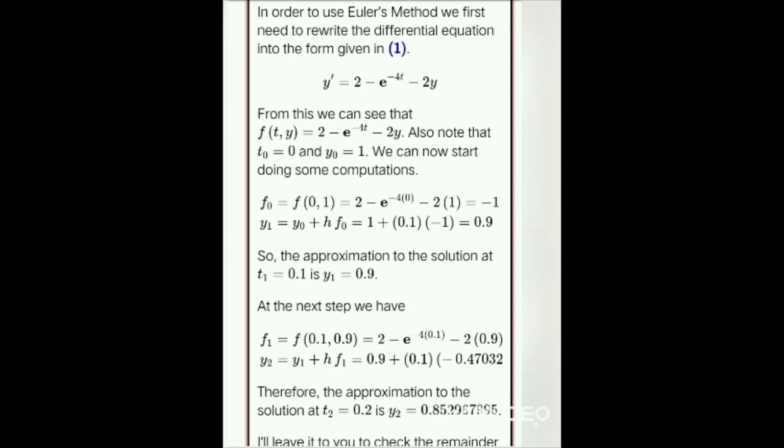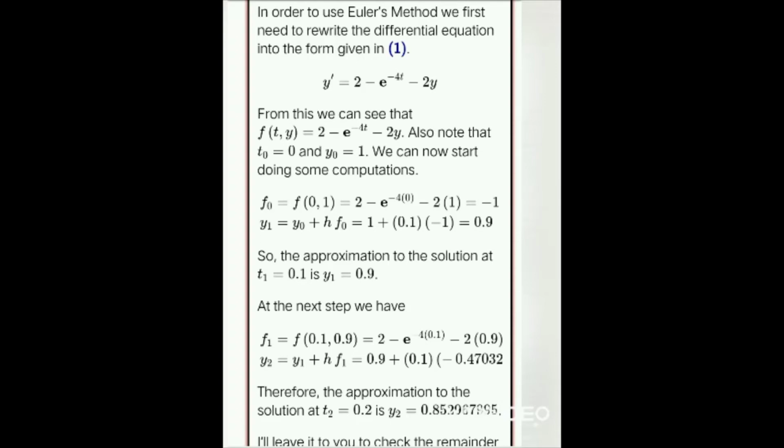y sub 1 equals y sub 0 plus h f sub 0 equals 1 plus 0.1 multiplied by negative 1. Gikuha na siyang negative 1 which is value sa f sub 0 gikan sa babaw, negative 1 multiply sa h which is 0.1.